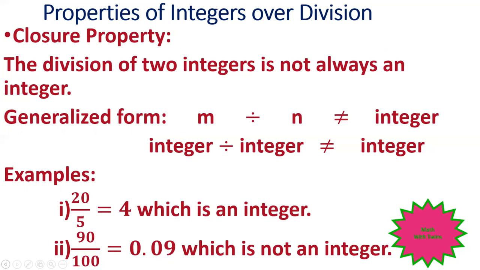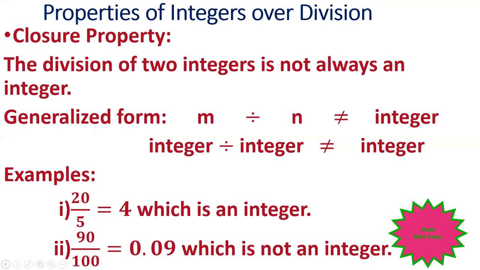Hence, the division of two integers is not always an integer. Sometimes it may be and sometimes it may not be. So our generalized form is m divided by n is not equal to an integer, where m and n are integers. That is why I have written in the below step, integer divided by integer is not equal to an integer.